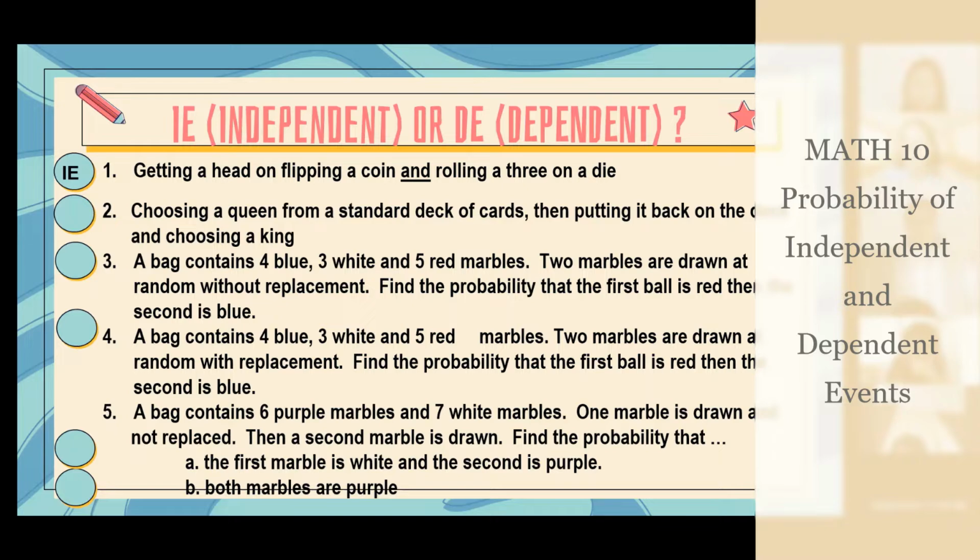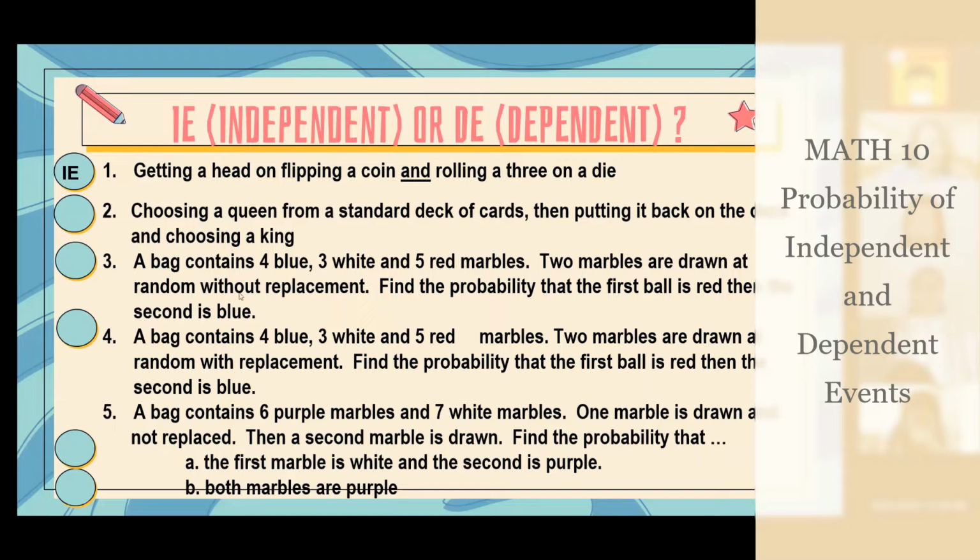Is Johannes here? Yes, okay, Richmond, what is the answer? Dependent. Come again? Dependent. DE. You mean DE? Yes, miss.